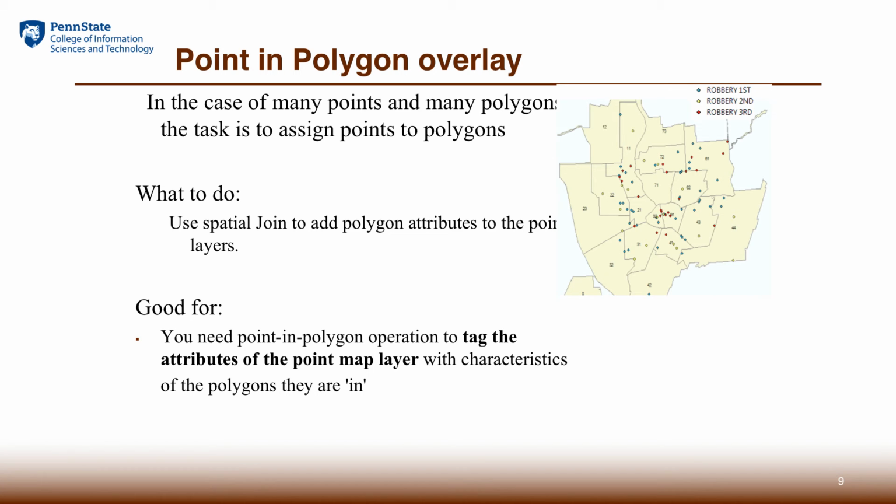We have many different crimes in one district, so using this kind of spatial join, we can either count, or we can do sum, we can do average. So we have a number of different methods to transfer attributes.